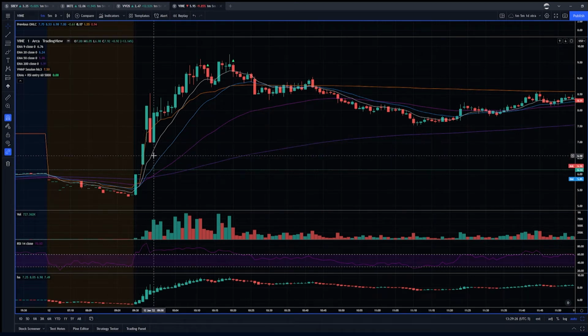Where could be a good entry? You may be tricked into thinking that when the price gets close to the 9 EMA, like here, it may be a very good place for an entry.